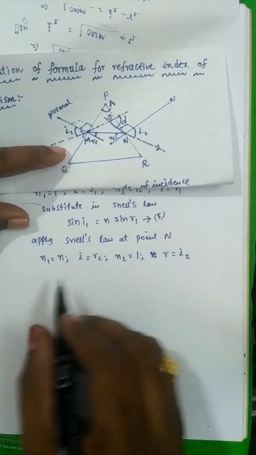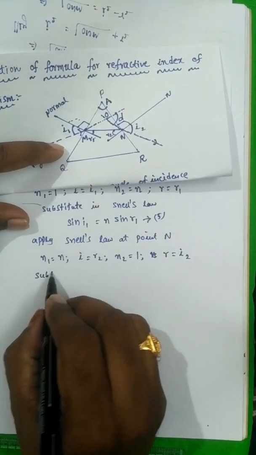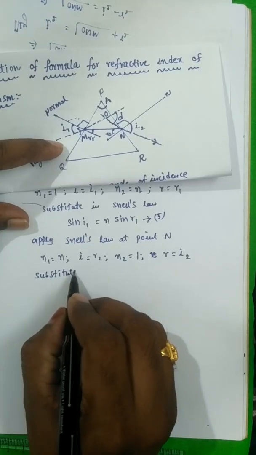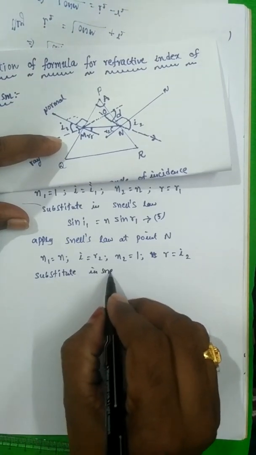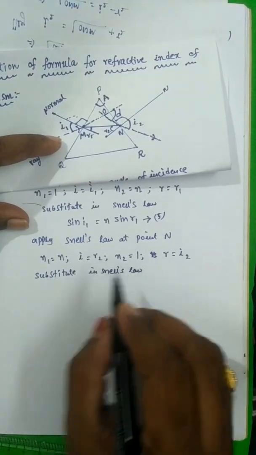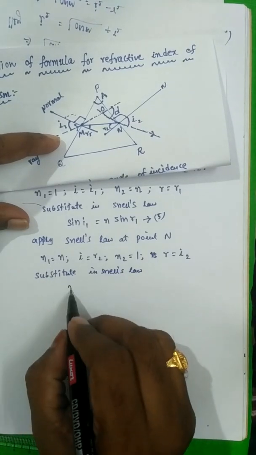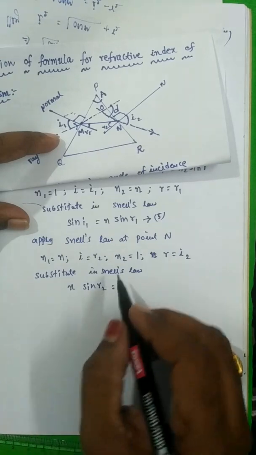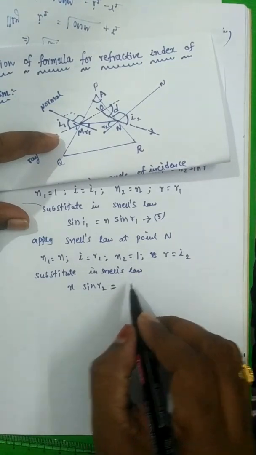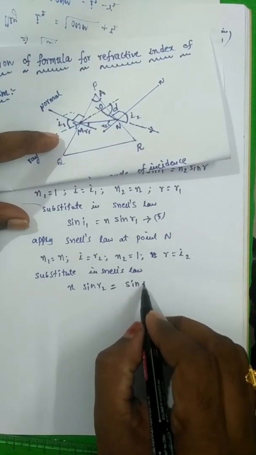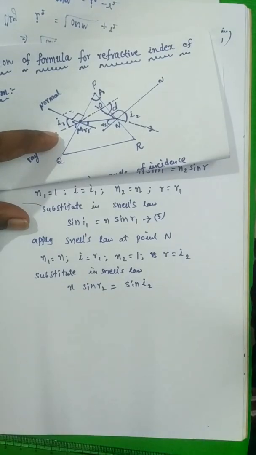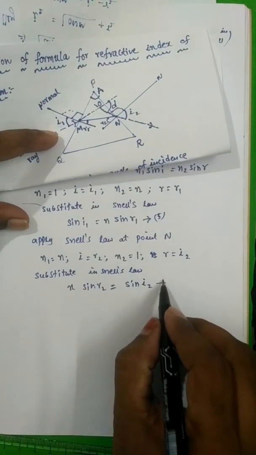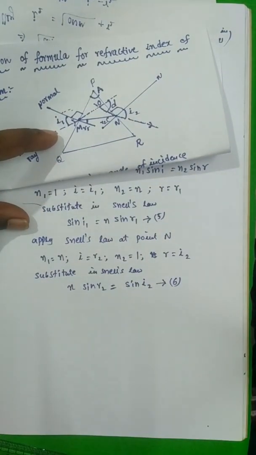Now we substitute in Snell's law. What is Snell's law? n1 sine r2, that is n sine r2, equals n2, which is 1, into sine I2. This equation we are calling equation number 6.